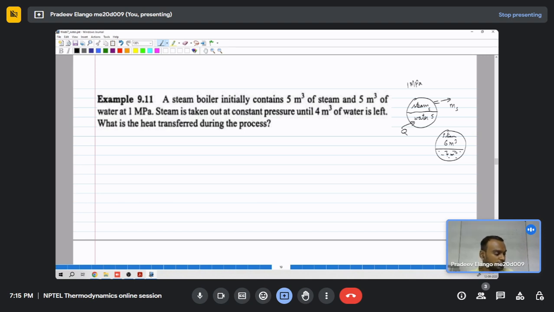So with this we can calculate the ms, and then also we can balance the energy and get the heat transfer. To balance the energy, we have U initial and some heat is supplied on one side. On the final side we have the final internal energy of the boiler contents, plus there is some mass of steam taken out which carries some enthalpy with it.